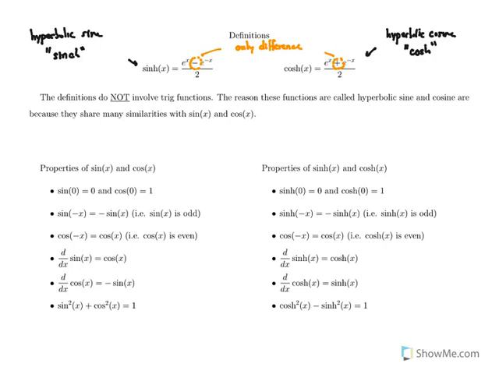So right away, we're going to tackle the biggest misconception about these hyperbolic functions. And that is these definitions do not involve trig functions. Although we're clearly talking about something related to trig functions with sine and cosine, these two functions are defined with just a couple exponential functions.